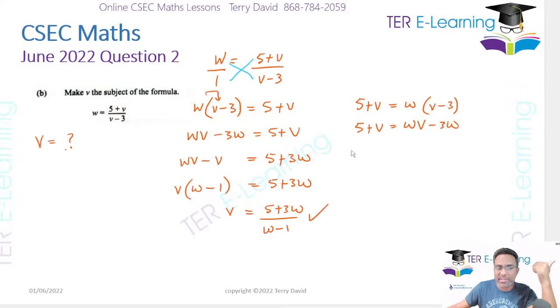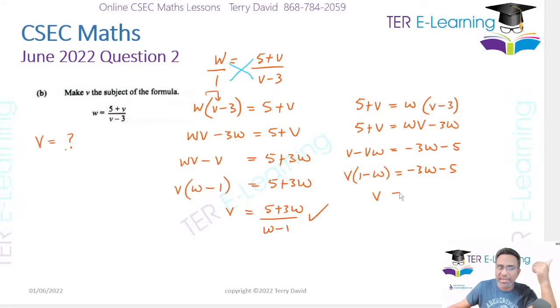Carry all your V's on one side, you're going to get V minus VW is equal to negative 3W minus 5. And you factorize again, V times 1 minus W is equal to minus 3W minus 5.